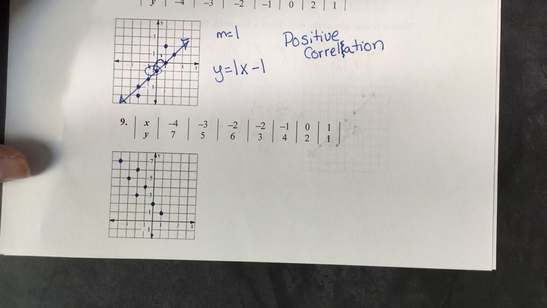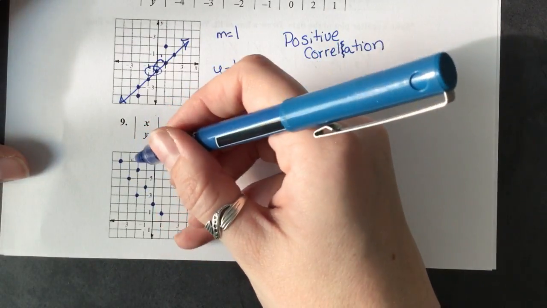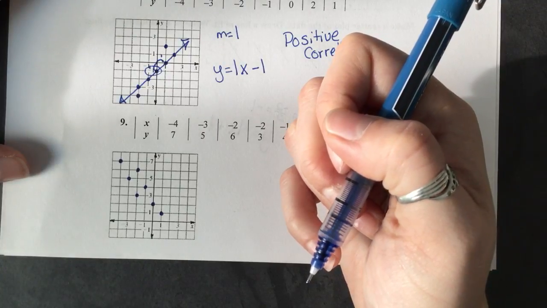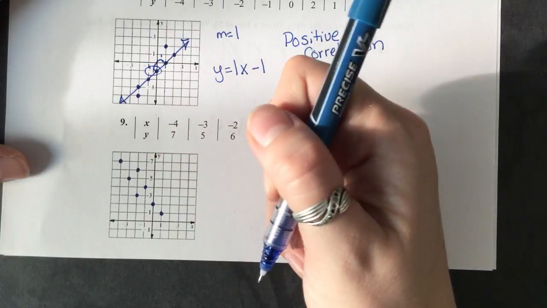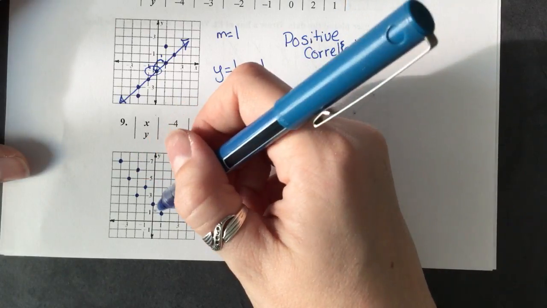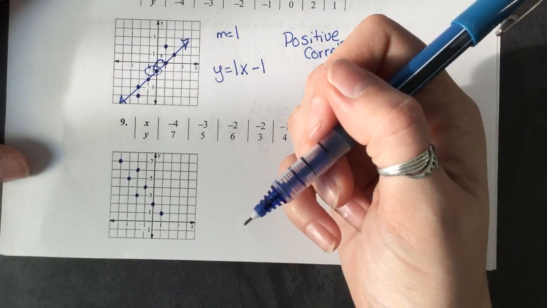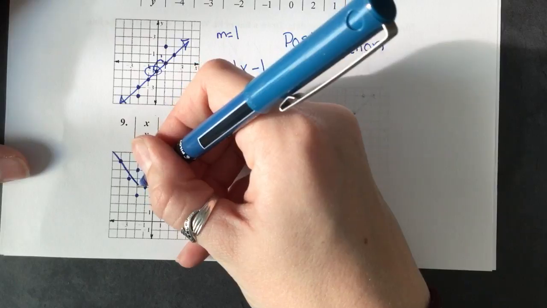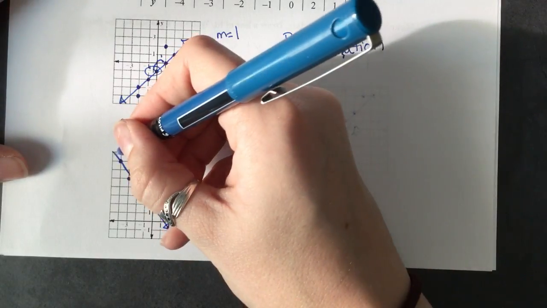This is a hard one because I could put these three on the same line or these three on the same line. If I put these three on the same line, then I'd have one above and three below. Or it looks like I might be able to put maybe those three on the same line.